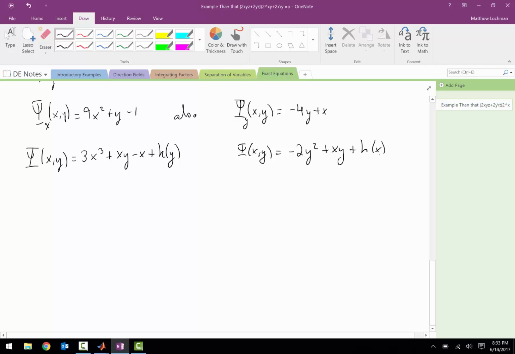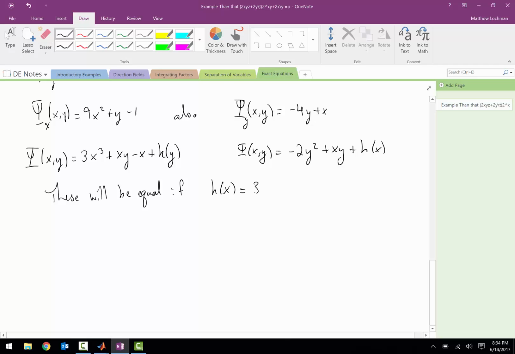Okay, now, unlike the last problem I did, here we can't choose them to be constants, so we have to compare the two things. So these will be equal if, what I'm going to do is look, the h of x has to be the x-only terms on the other side.